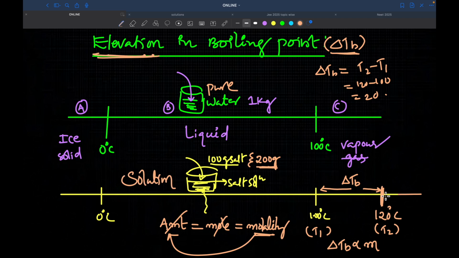The increased temperature is nothing but the delta TB, and delta TB is always directly proportional to the molality of the solute. What is the meaning? If molality is highest, delta TB will be highest. If molality is least, delta TB will be least. So if you keep adding this, it increases.